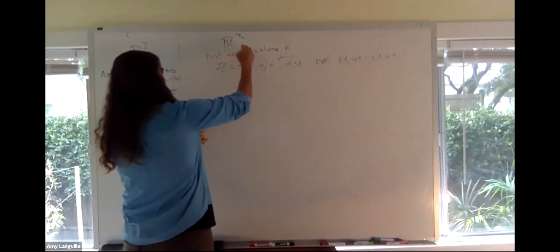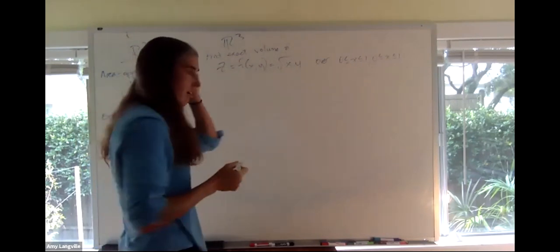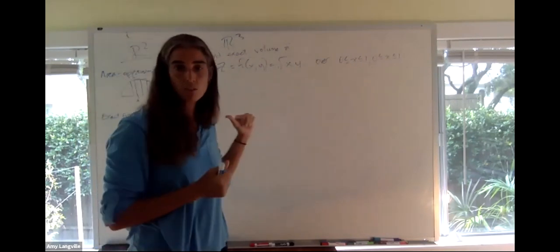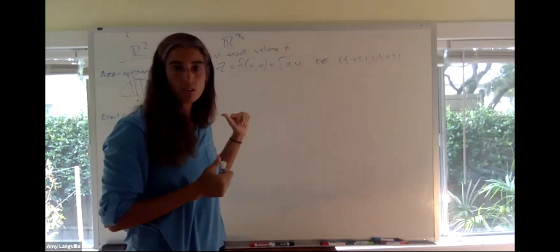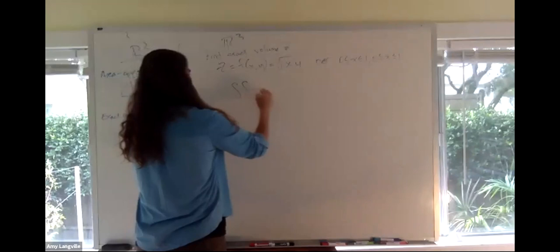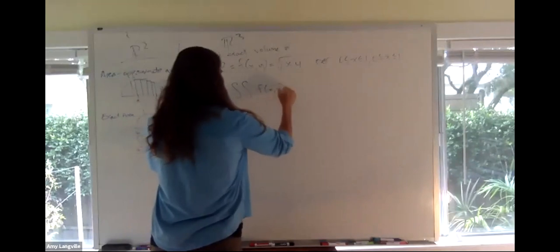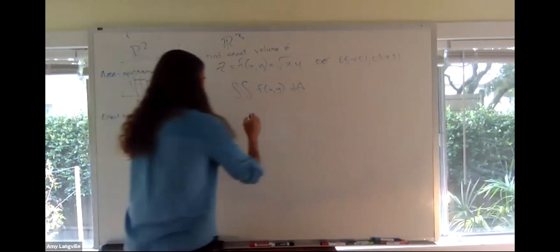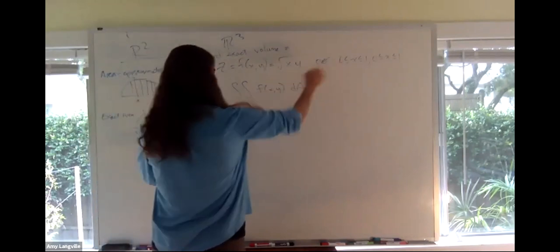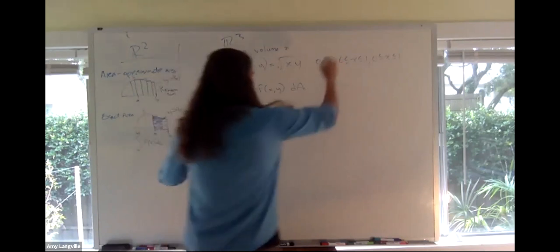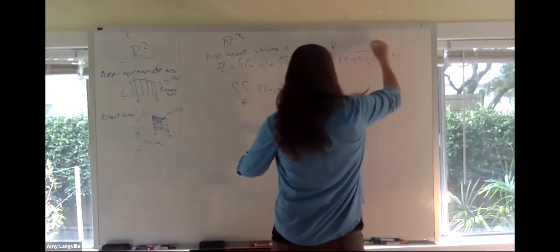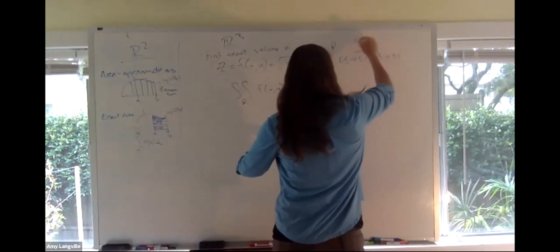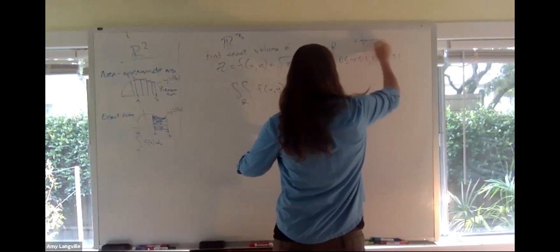So to find the exact volume of this, we're going to have integrals, but instead of a single integral like we did over here, we're now going to have a double integral. So this will be done with a double integral over your function for a small change in the area, and over your region R. Again, R was just this square, a special type of rectangle in the XY plane.